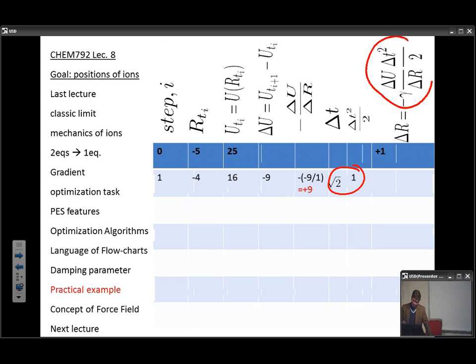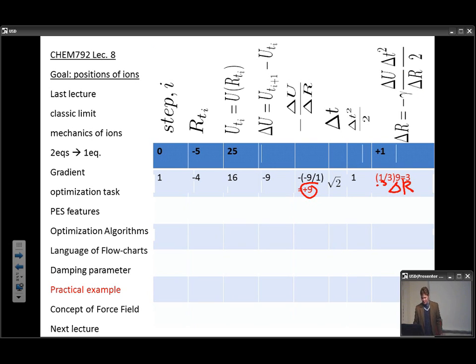And then we are applying this formula: change of energy, increment of energy, ratio to change of position with minus sign, and we also add this damping parameter. So we have this 9 times damping parameter will be 3. So it is our delta R.